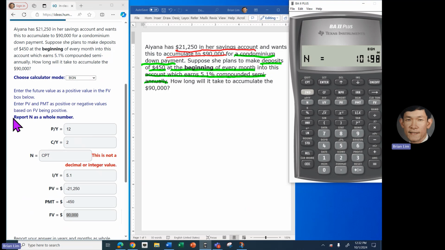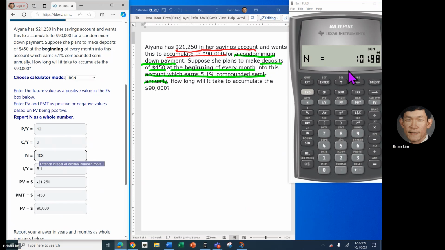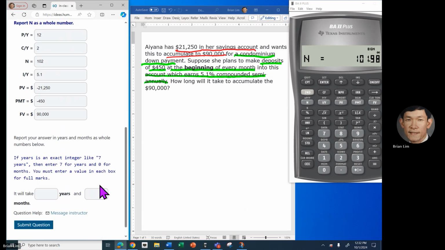Now it does say here to report N as a whole number. So therefore we must round it up to 102. Remember, it has to be rounded up. So we don't put 101.98. It has to be a whole number, and it has to be rounded up. So the number to be inserted is 102.